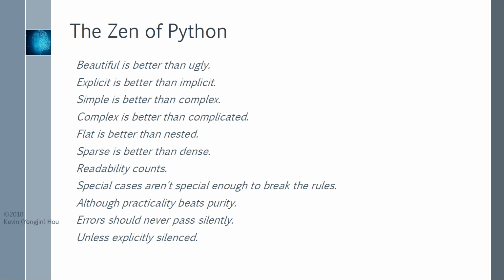So basically, the Zen of Python is a bunch of principles that influence the design of the Python programming language. Even for users and programmers of Python, understanding these principles and practicing them is pretty good. It makes your programs more robust and more reliable.